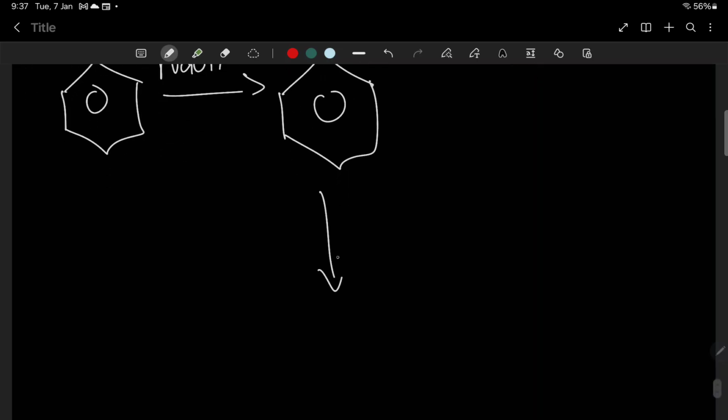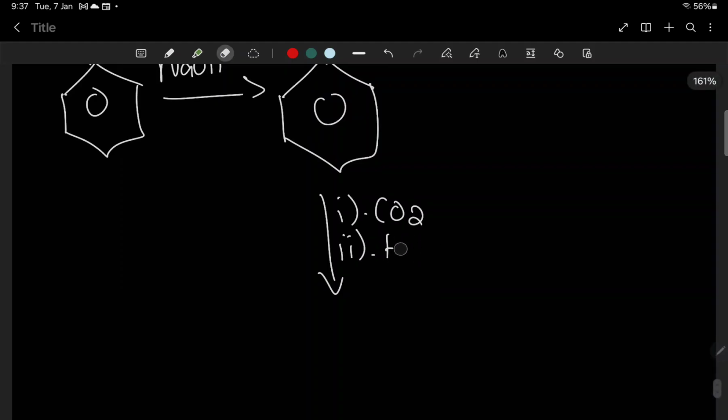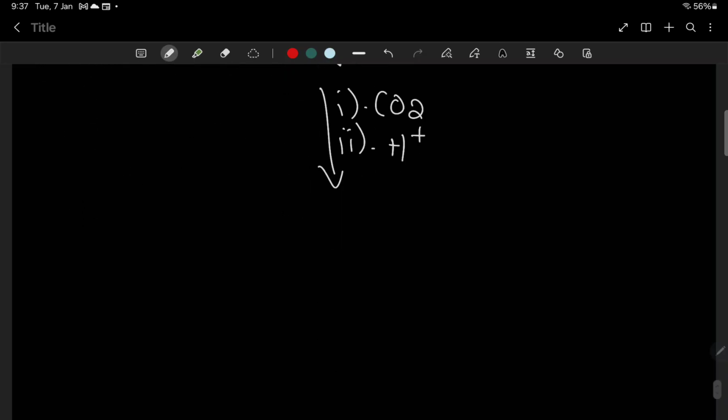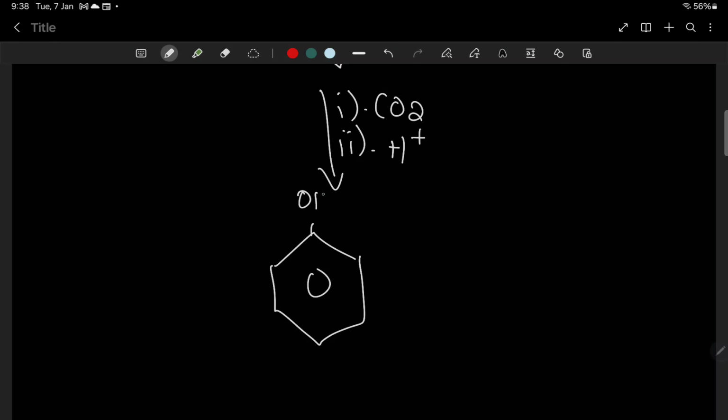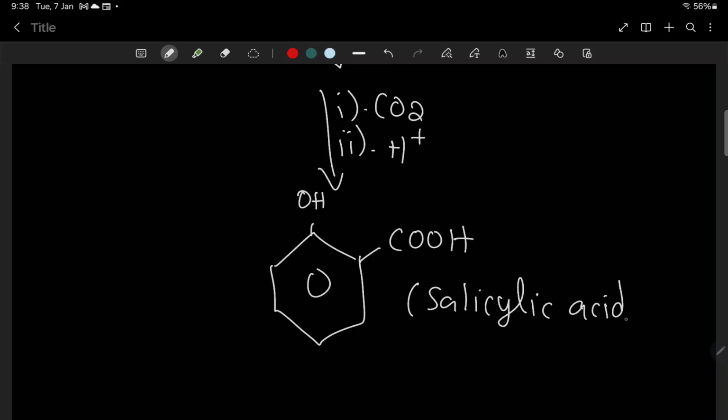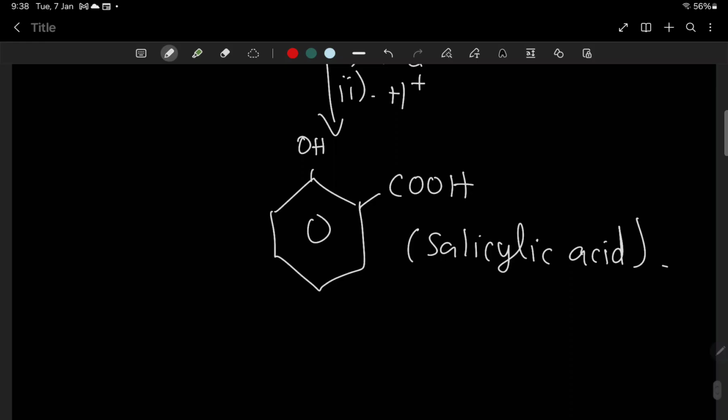Into sodium phenoxide I am adding carbon dioxide, then hydrolyzing with water or H plus, anything is preferred. Okay, I will write H plus. What we get is OH and COOH on the ring. This is called salicylic acid. This is called Kolbe's reaction, not electrolysis.